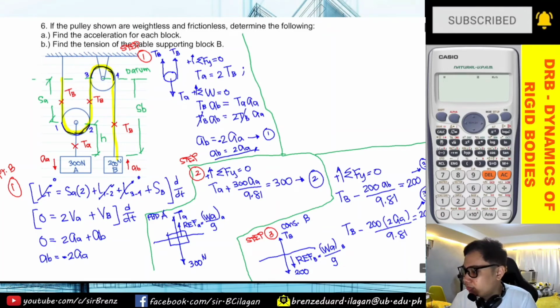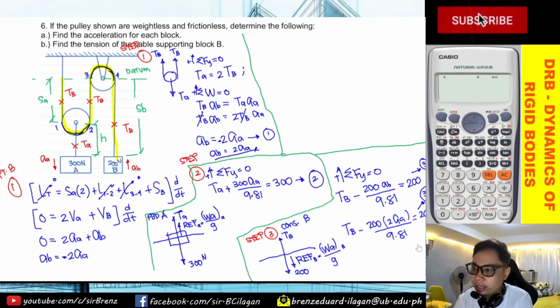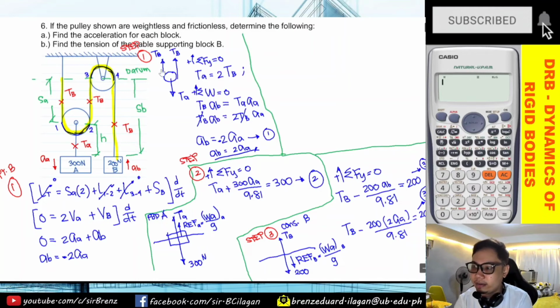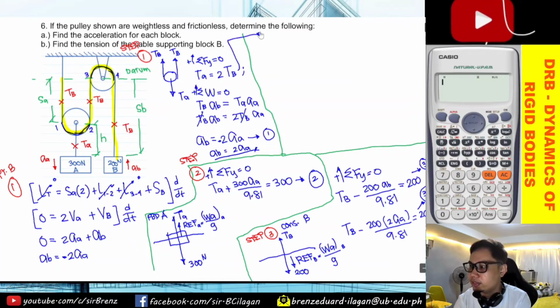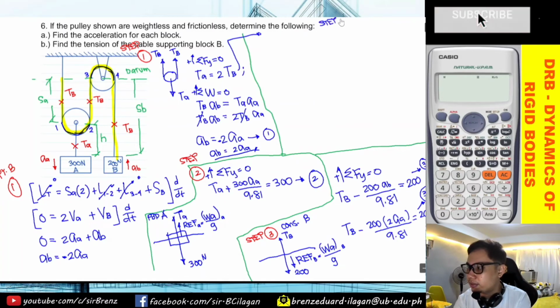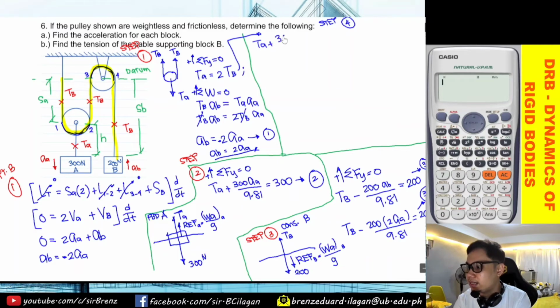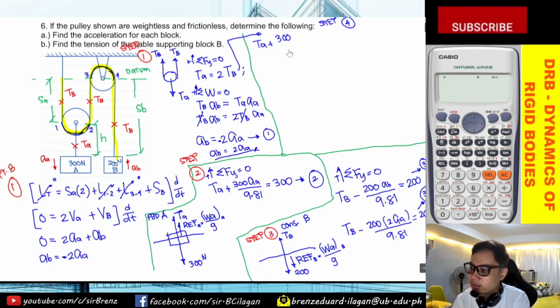Alright, so what will be the next step? Okay, ngayon, based dun sa free body diagram na nagawa natin sa pulley, kung saan nag-summation of forces in Y tayo, yung T sub A daw is equals to twice nung tension in B. So, using this relationship, this will be our step number 4. T sub A, ito yung equation number 2, isulat lang natin siya.